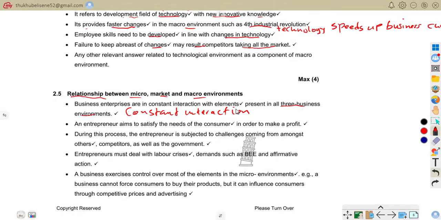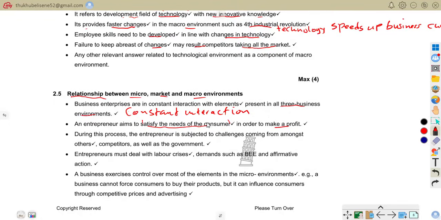It further says an entrepreneur aims to satisfy the needs of consumers in order to make a profit. So we are saying the entrepreneur aims to satisfy customer needs. Meeting customers' needs helps profit.